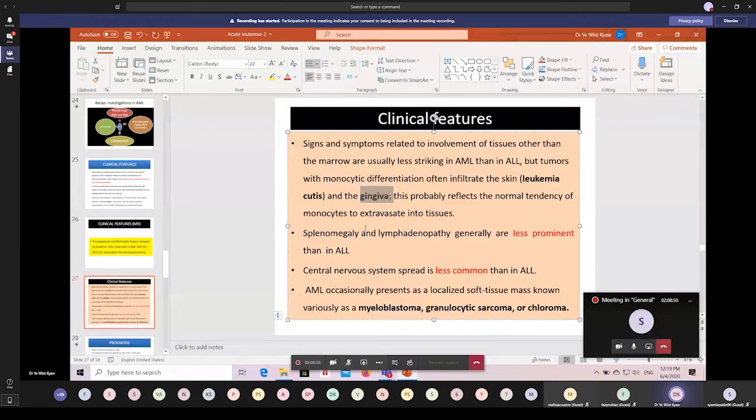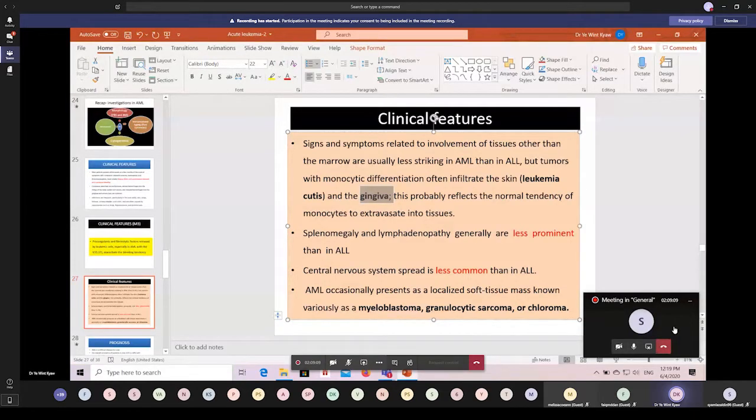Previously, for ALL, which organ is more common in the body? Anyone? Liver, spleen, bone, brain?